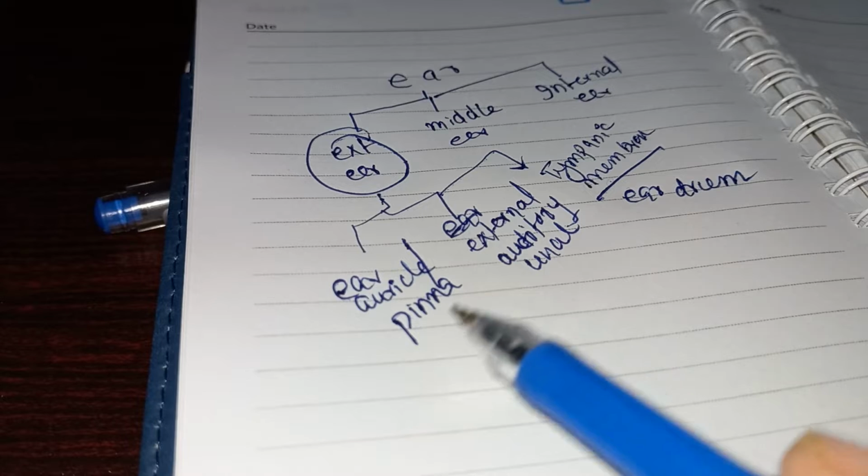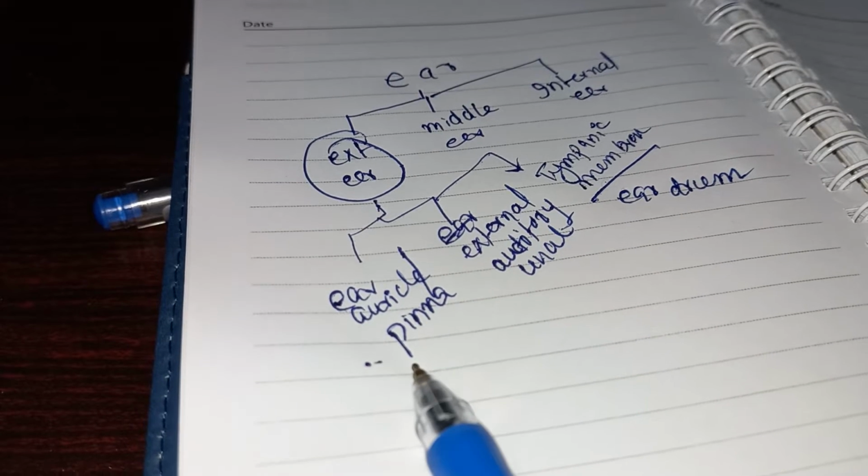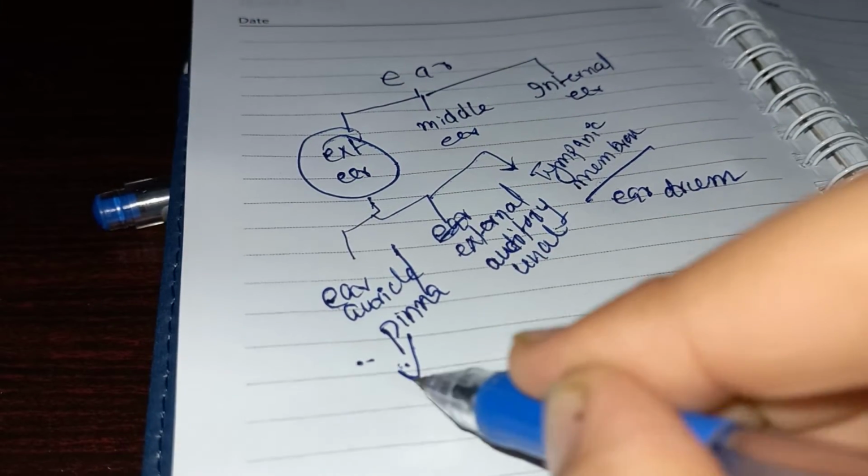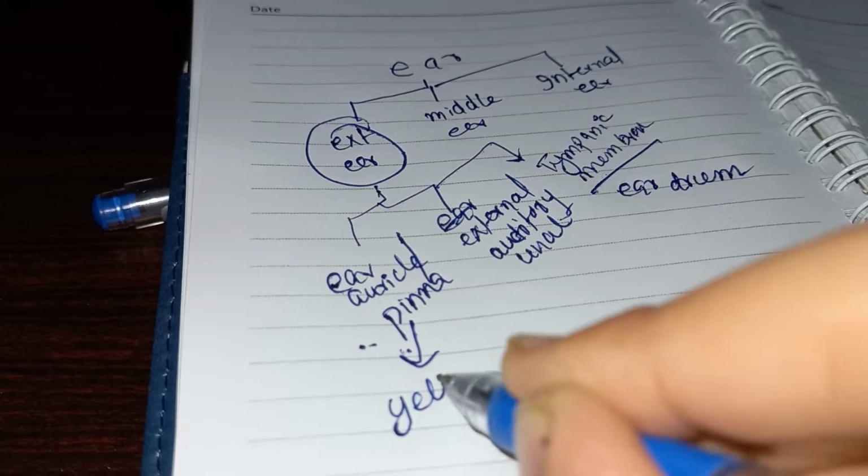Now first of all, if we are talking about the ear auricle or pinna, basically the ear auricle is made up of yellow elastic cartilage.